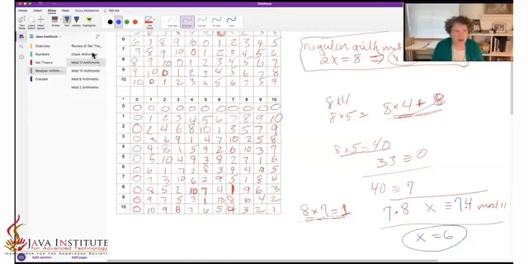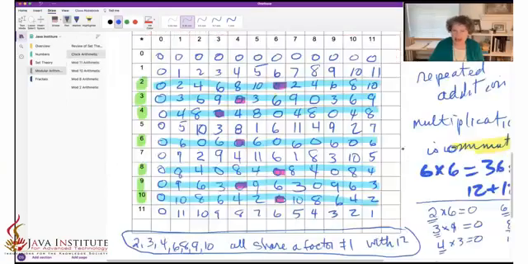With mod 12 arithmetic, I couldn't do that. Okay, I'm going to erase some of this stuff because I need room.